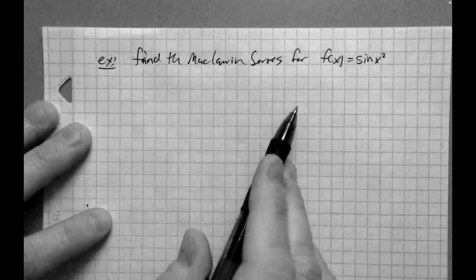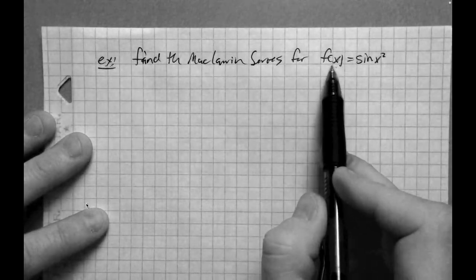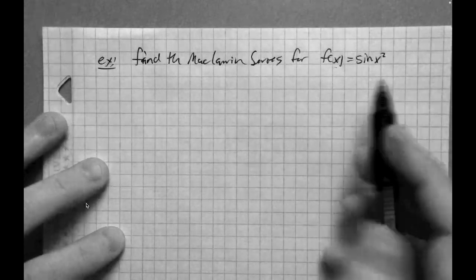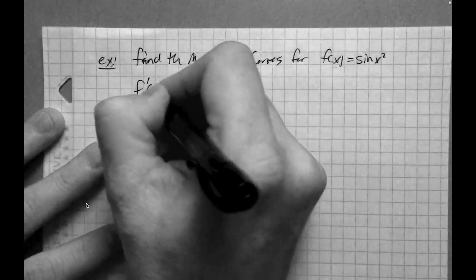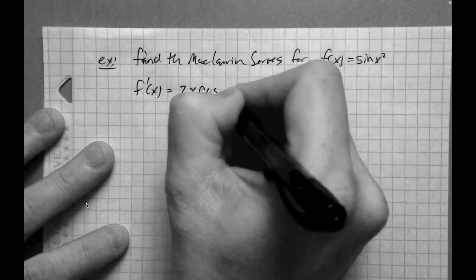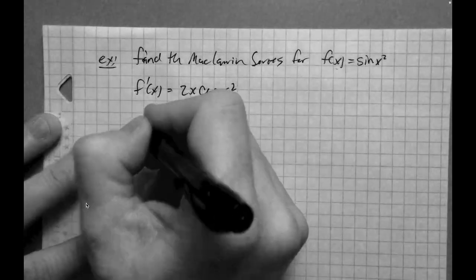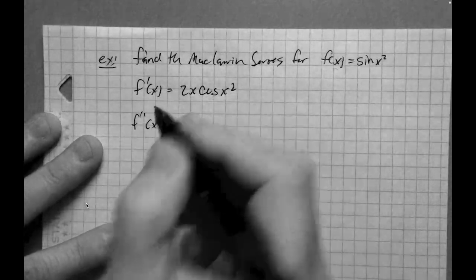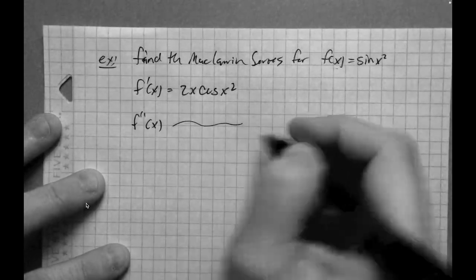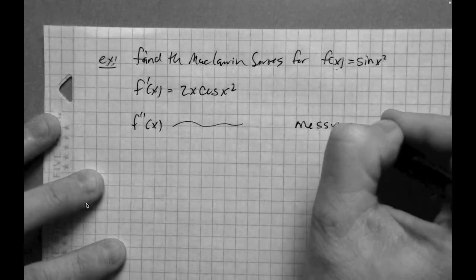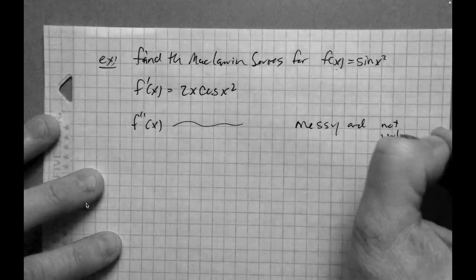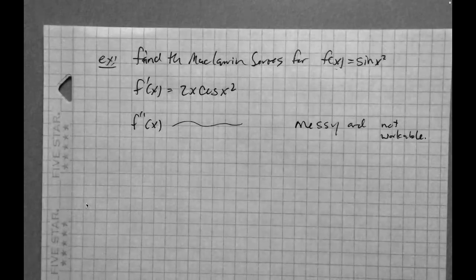One thing to notice here is that if you start to differentiate this, it's going to get really messy really quickly, right? So we know that f prime of x is equal to, for example, 2x cos x squared. That one's not too bad. But when I go to the second derivative, now I have to use the product rule here, and I get a big old mess. So this is messy and not workable.